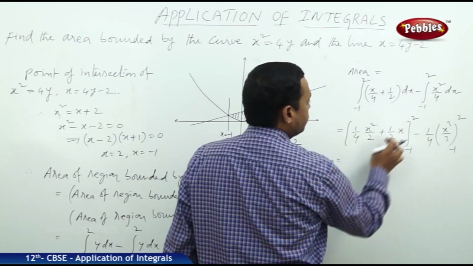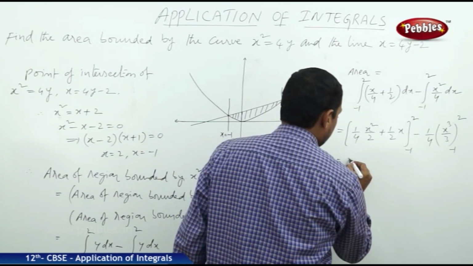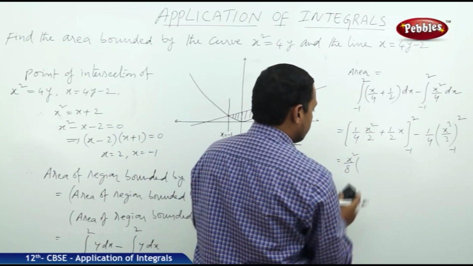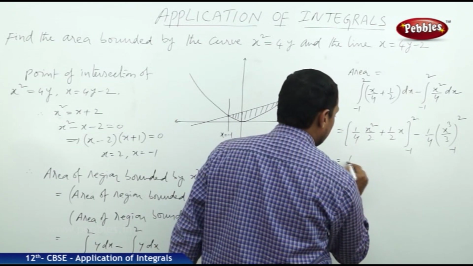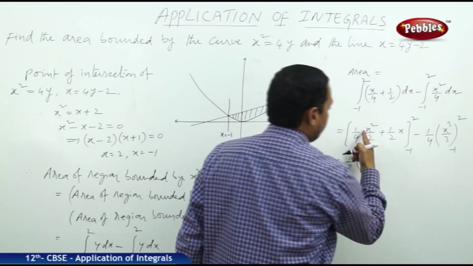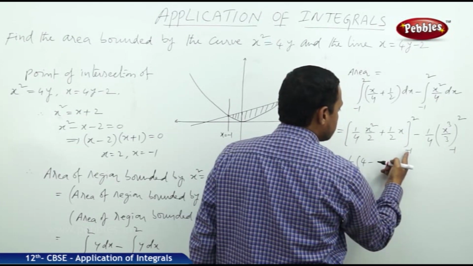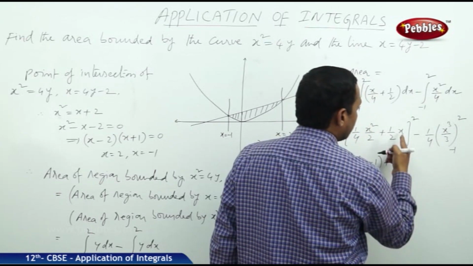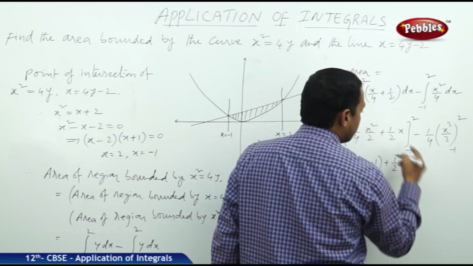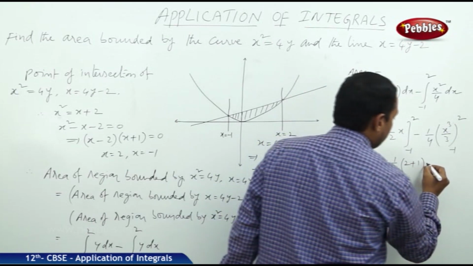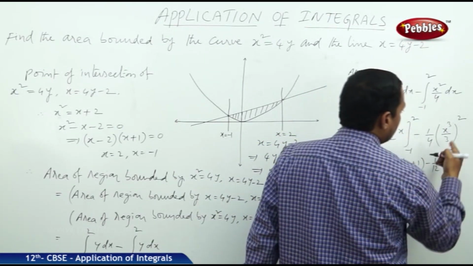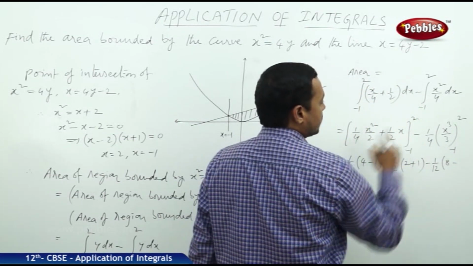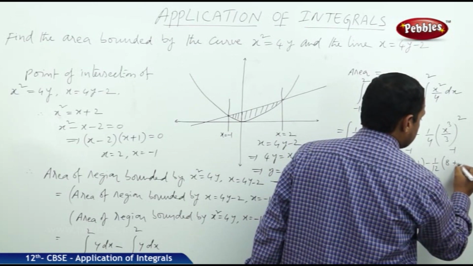Now substitute the upper and lower limits here. x square by 8, it is 1 by 8 into, substitute the upper limit first, 2 square 4 minus 1 whole square, that is 1, plus 1 by 2 into 2 minus of minus 1 is plus 1, minus 1 by 12 into, substituting the upper limit, 2 cube is 8, minus 1 whole cube is equal to minus 1, that is minus of minus, plus 1.